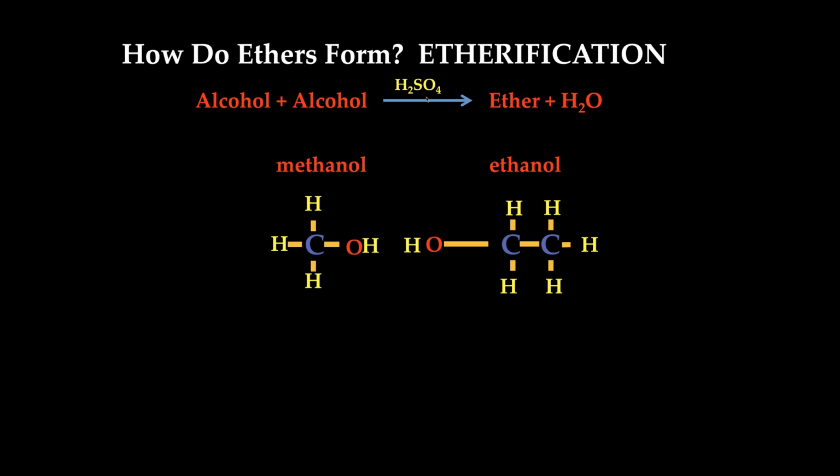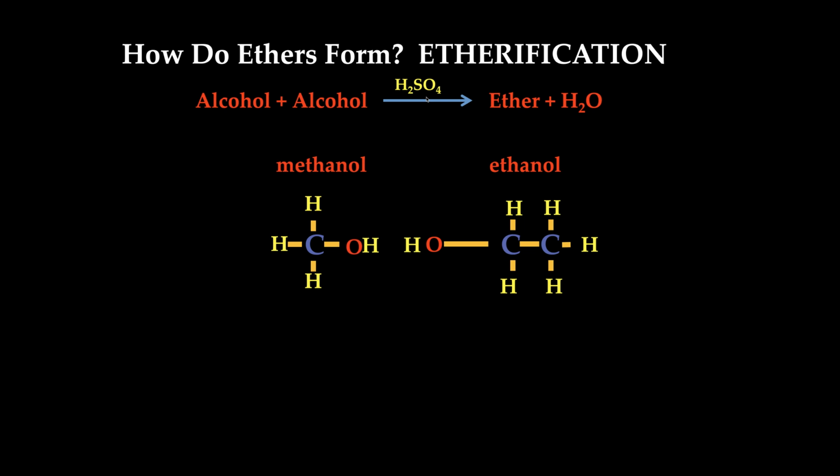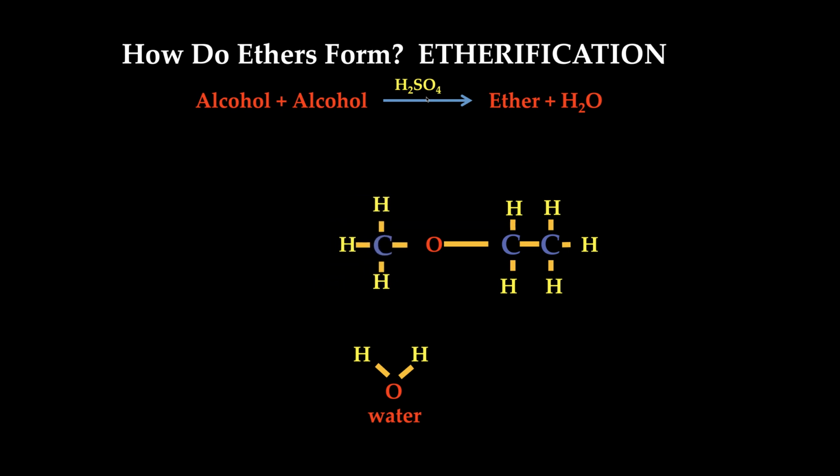Sulfuric acid acts as a dehydrating agent, removing H from one alcohol and OH from the other to form water. The 2 broken alcohol molecules will join at the break to form an ether. So we remove an H and an OH to make water, and the 2 broken halves of the molecule will join together to make the ether.